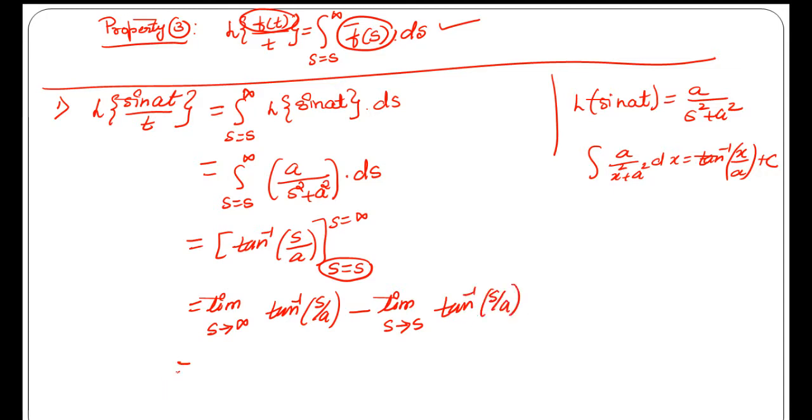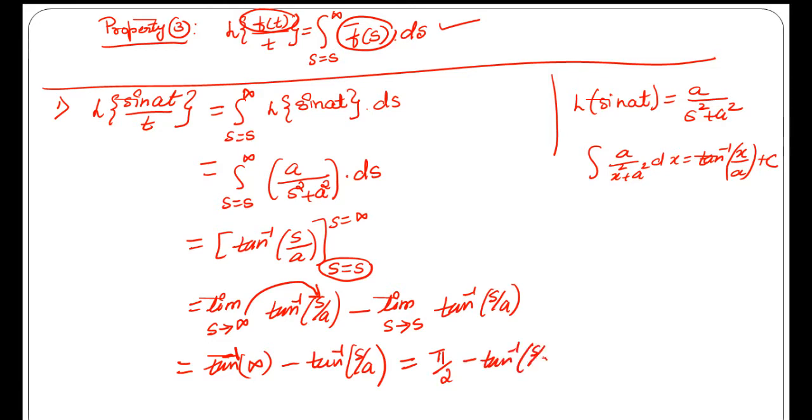So this is tan inverse infinity minus tan inverse s by a. And we know that tan inverse infinity is 90 degrees, that is pi by 2, minus tan inverse s by a.